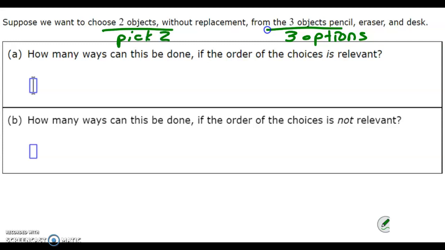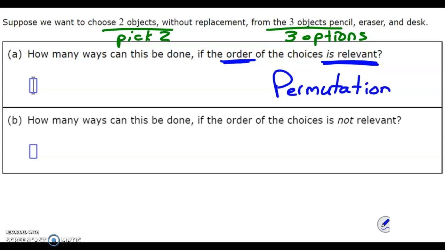Okay? Now, how many ways can this be done if the order of the choices is relevant? This is where you would do permutations. So what you're going to have there, your n is the number of options.